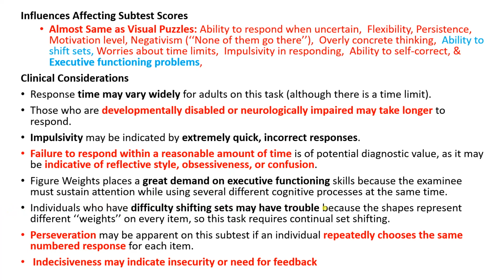So it is not that the same star will have the same meaning. This star may have different meaning on different items. So the task requires continually changing the mental set in problem solving. And like the earlier ones, perseveration means repeatedly choosing the same numbered response, and indecisiveness, that is indicator of insecurity or need of feedback, is also evident on this task.